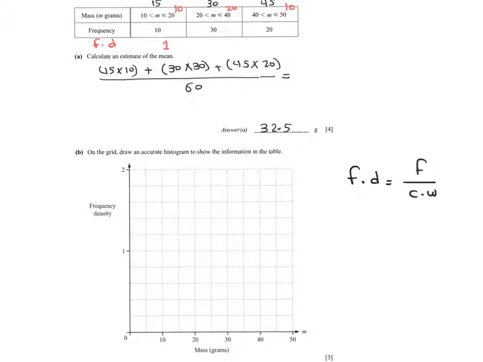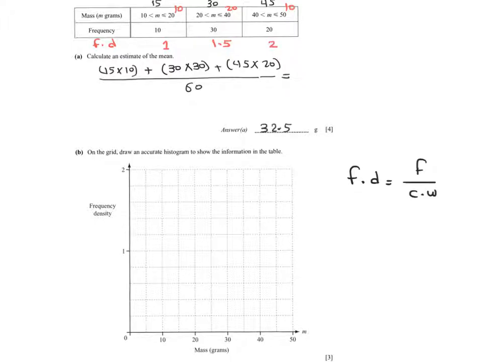For the second group, frequency divided by class width, 30 divided by 20 equals 1.5. For the last group, the frequency density equals the frequency divided by class width, 20 divided by 10 equals 2.